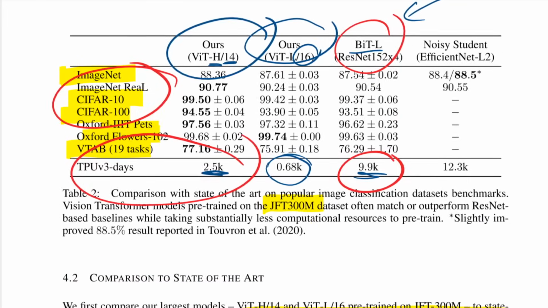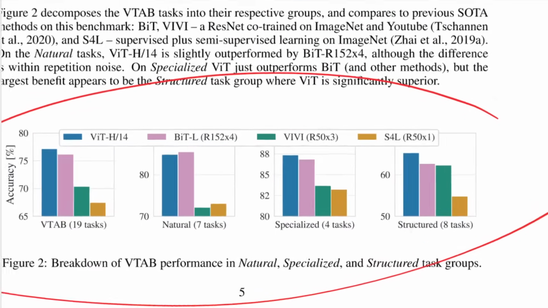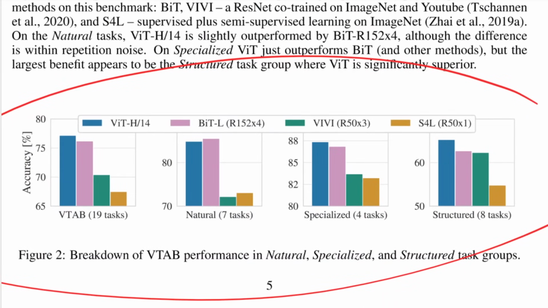Don't worry about it. They also test on this Visual Task Adaptation Benchmark, and you can see that specifically in these natural images subclass, both of these models make gains, but overall the vision transformer outperforms the conv nets.